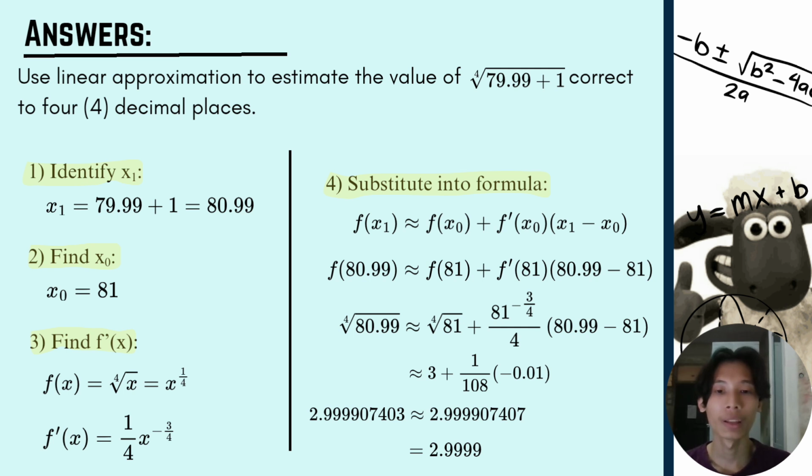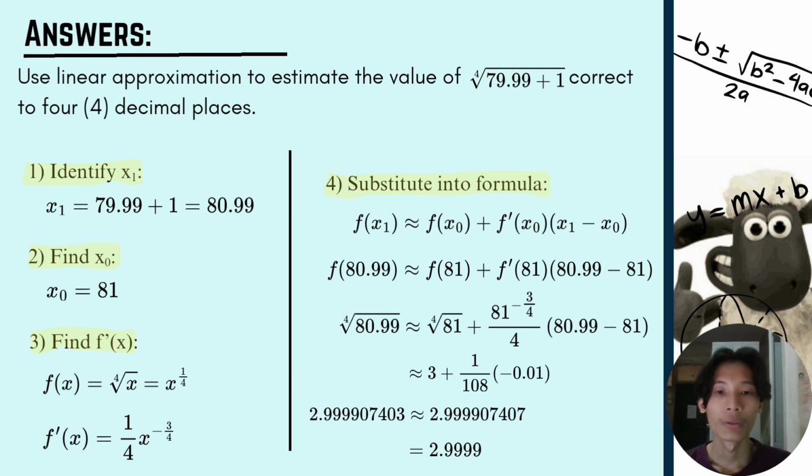Then evaluate the value. The 4th root of 81 is exactly 3. And we calculate 81 power of negative 3 over 4 divided by 4, that comes out to 1 over 108. Then the value of 80.99 minus 81 is negative 0.01.